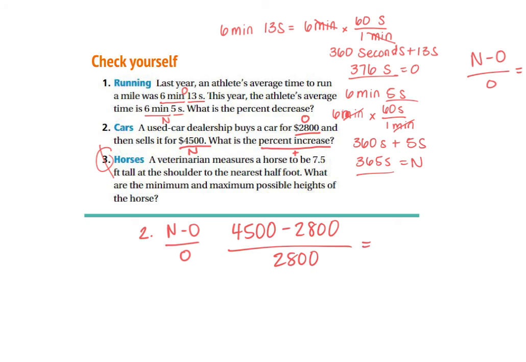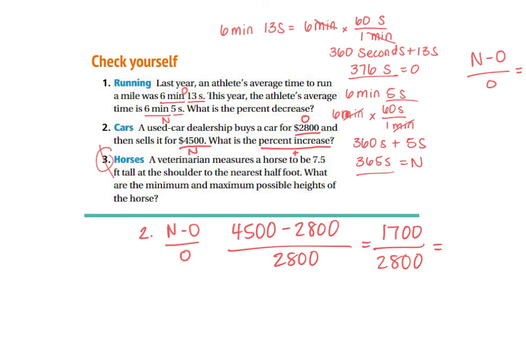And guys, we know this is correct. Why? Because we are going to get a positive value. 4,500 minus 2,800 will give us a positive amount, and we're looking for percent increase, so that is awesome. 4,500 minus 2,800 is 1,700 over 2,800.